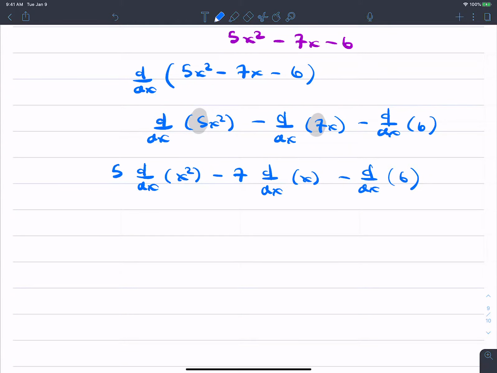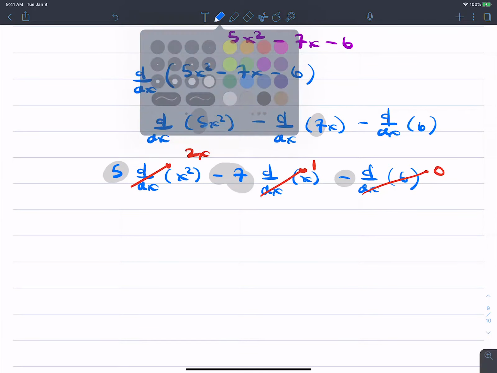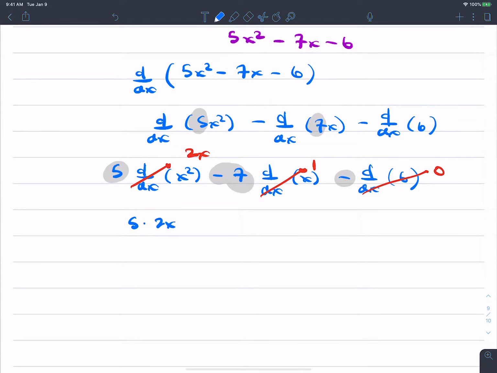Now, right, we pulled out all the constants. So we have a 5 here, a negative 7 here, and a minus. Guess what? Differentiate. 2x. 1, 0. 5 times 2x minus 7 times 1.